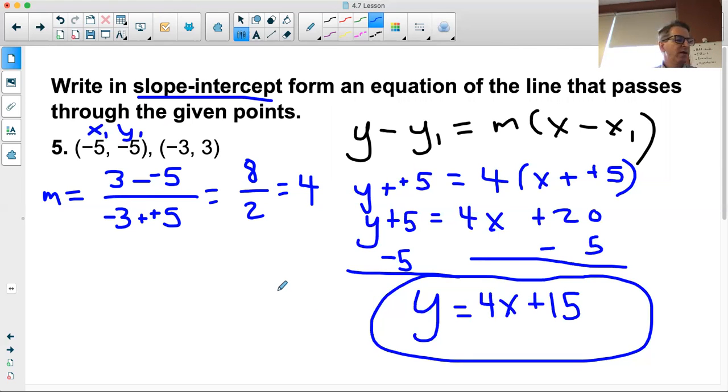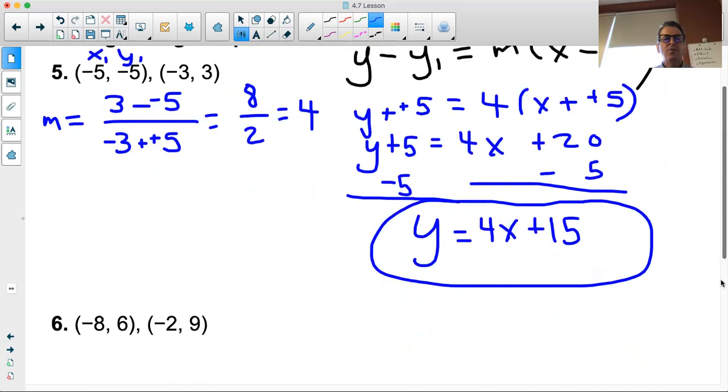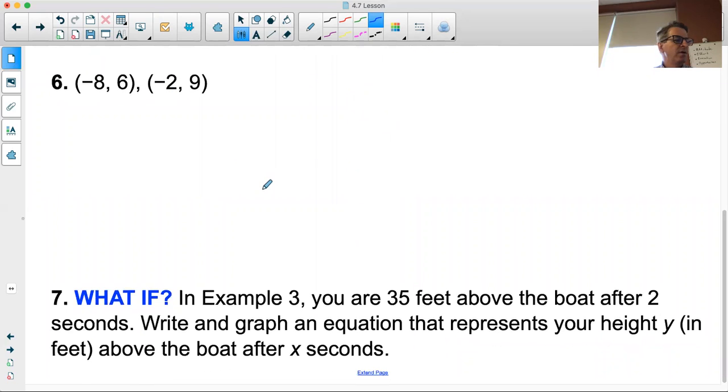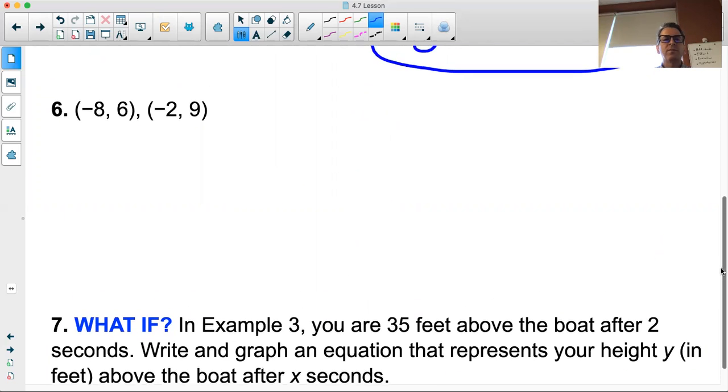So these are good practice. Let's try number 6, and we'll finish up with our on your own number 7. Number 6, again, you're given 2 points, negative 8, 6, and negative 2, 9. And you're asked to write, in slope-intercept form, an equation of a line that passes through those 2 points.